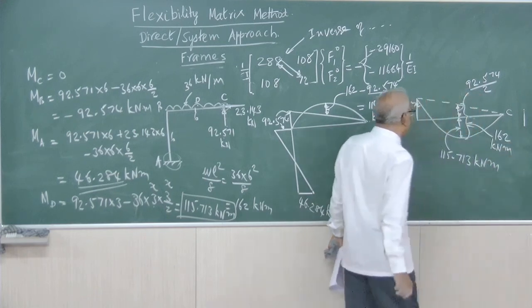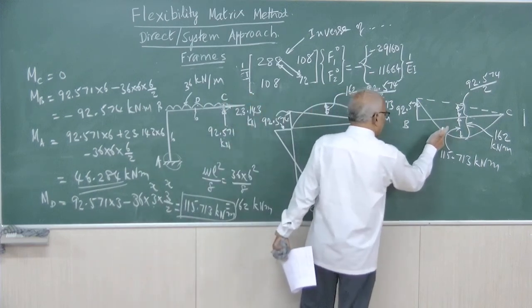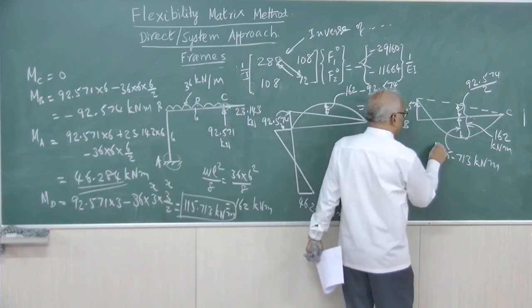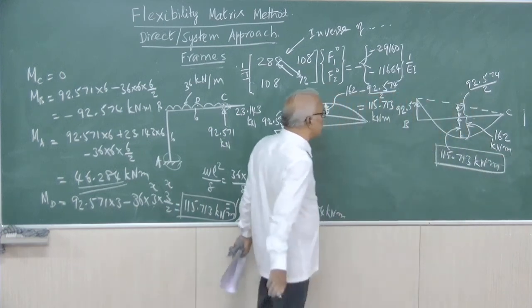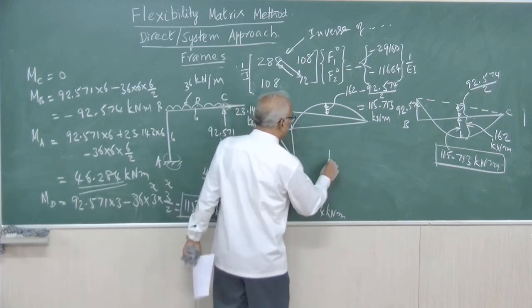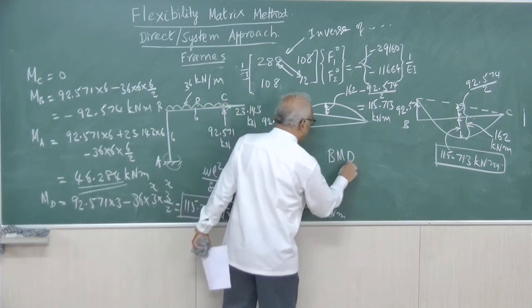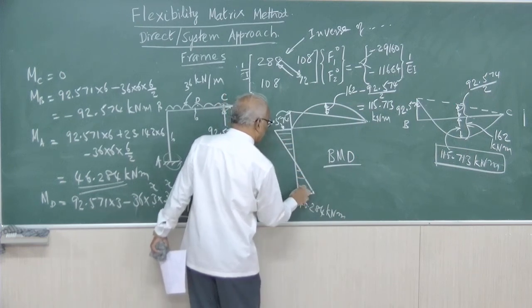So the bending moment diagram may be like this or may be like this. If this is given, because we know the method, strain energy method or unit load method will straight away give you the positive value. Therefore, this is the bending moment diagram for the frame. So we can just hatch the diagram.